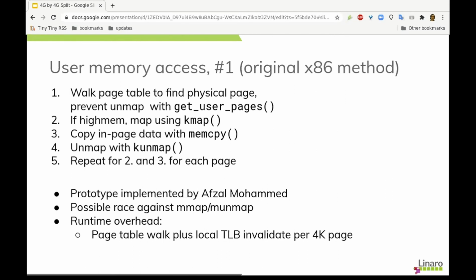Then if it's actually a highmem page, we map it dynamically, otherwise it's already mapped. Once that page is mapped, we just do a memcpy. It won't fault, and the data is there, then we unmap it, and we might have to do this one page at a time if there's a large read system call or something else that takes a lot of data. Nobody really likes this approach, but it is actually possible to implement it in an architecture-independent way, and it's a good baseline, so we might keep this.